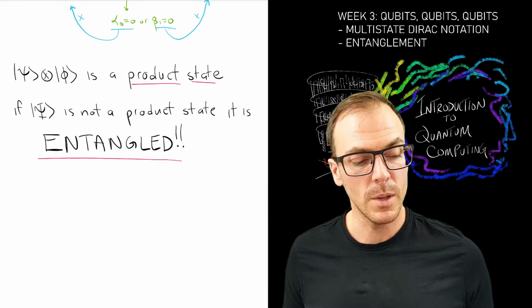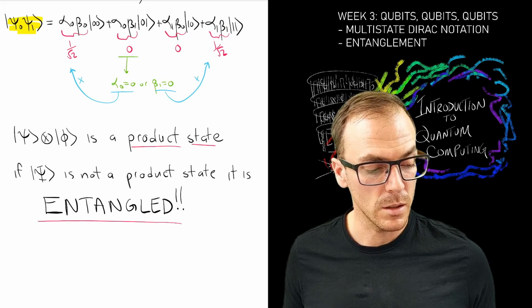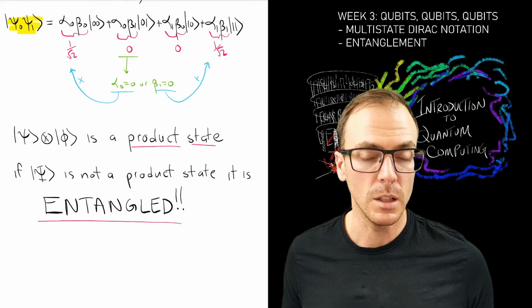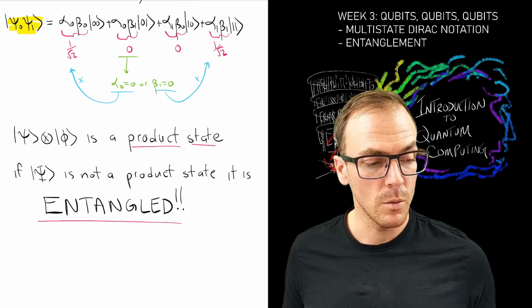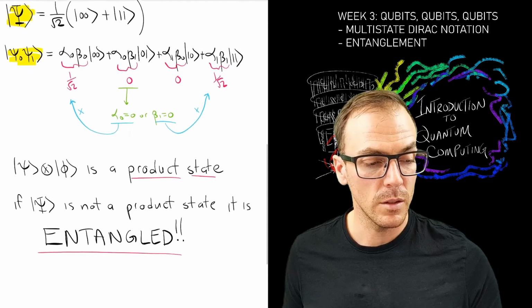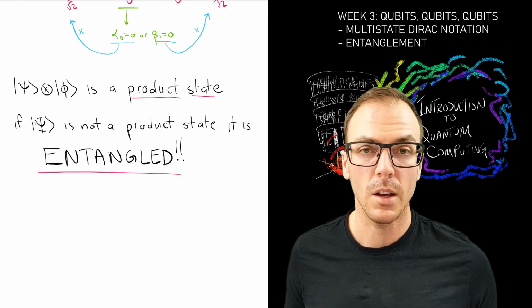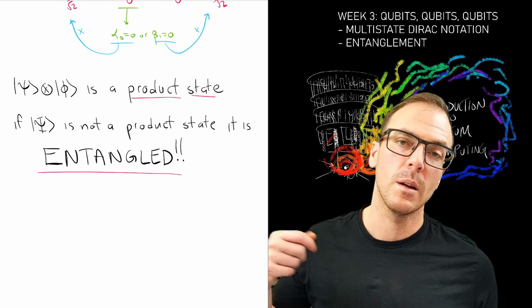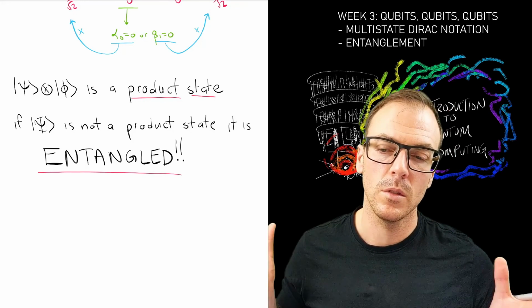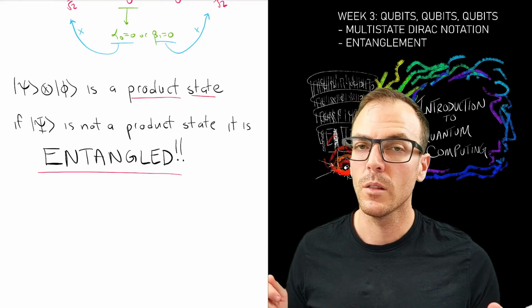Before that, let me just mention that this implies a conceptually interesting difference between classical bits and quantum bits, which is if I have a classical bit, which I didn't write down in this lecture, but it's just 0, 1, and when I have a second one, that one's 0, 1, and so the two of them together is completely specified by individually the first one and the second one.